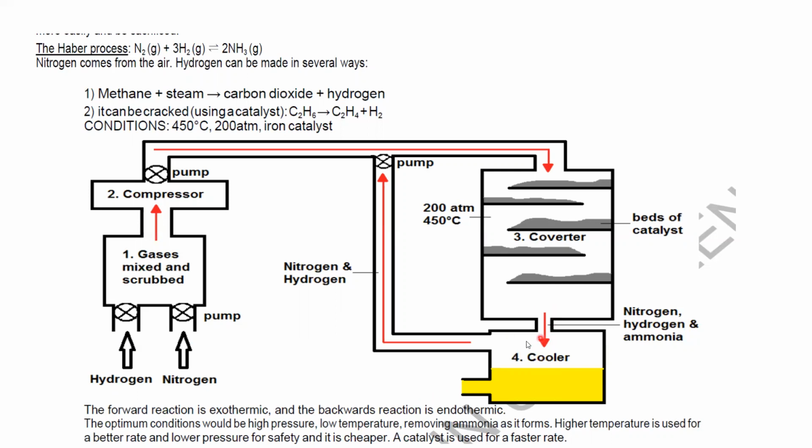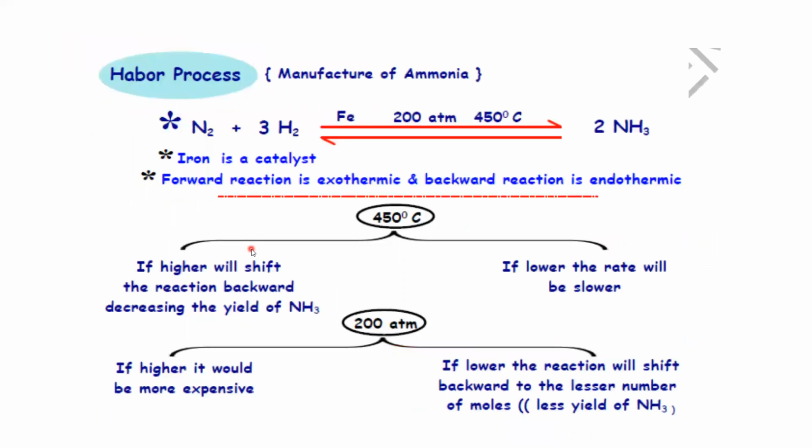The nitrogen and hydrogen are still gases, so we pump them again and they continue. Nitrogen and hydrogen pass over the catalyst until they form ammonia, they cool down and go out. If not, they are sent up again until all of the nitrogen and hydrogen convert into ammonia. So this is in terms of the reversible reaction.